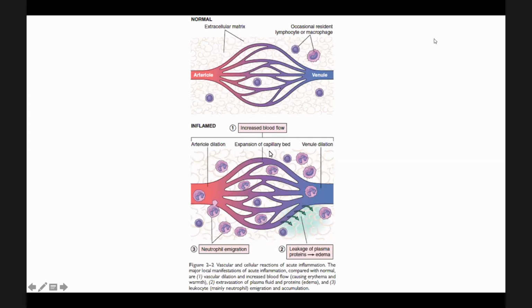The capillary bed will be expanded, the venule will also be dilated, and there will be leakage of plasma proteins resulting in edema. Neutrophils will immigrate into the tissue. Ultimately, all these signs, rubor, dolor, calor, and functio laesa, are there because of blood vessel dilatation and leakage of plasma proteins.